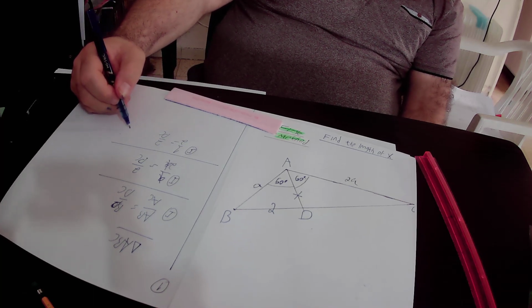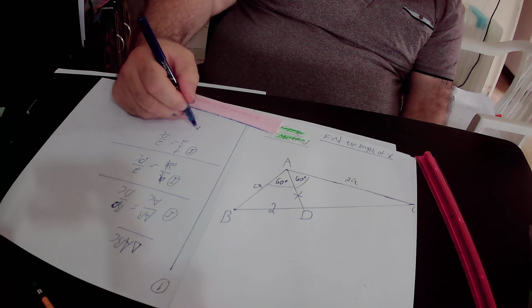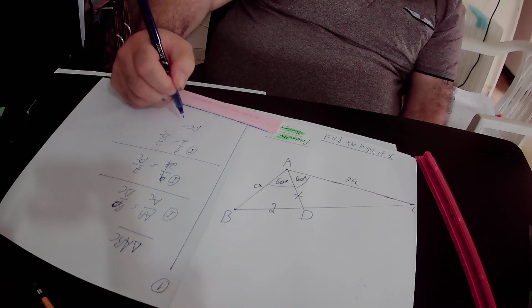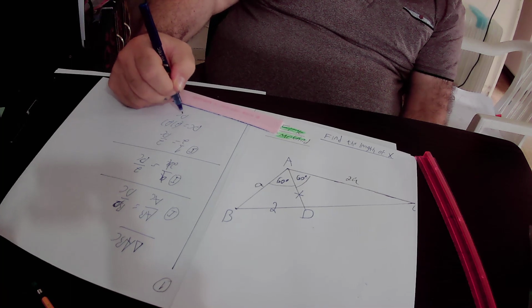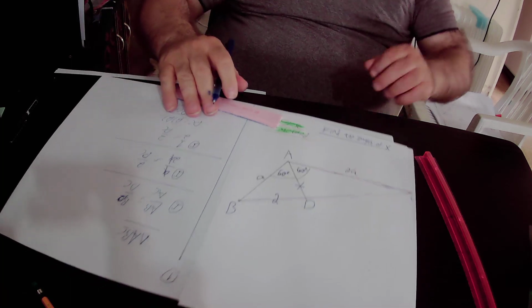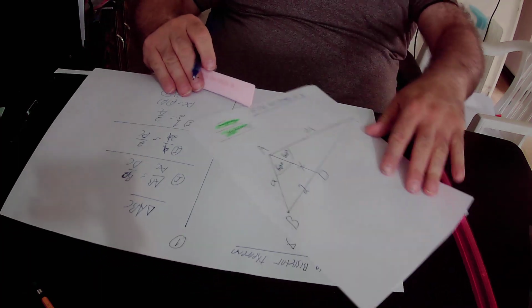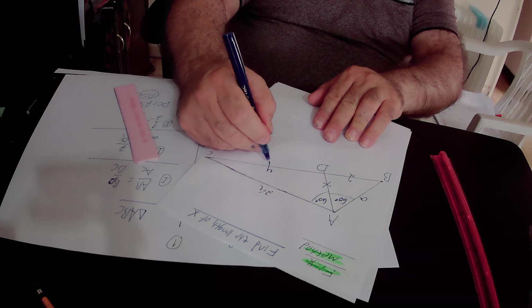Here we cross multiply, and we get that DC equals 2 times 2, that is 4. So DC equals 4 units.